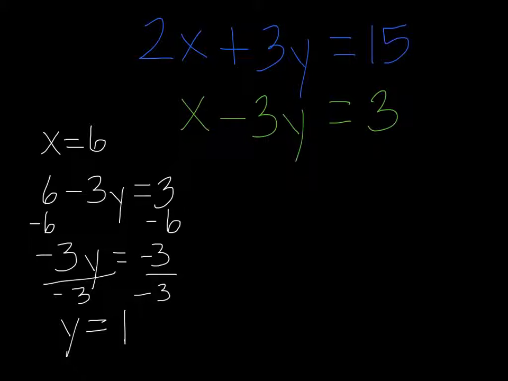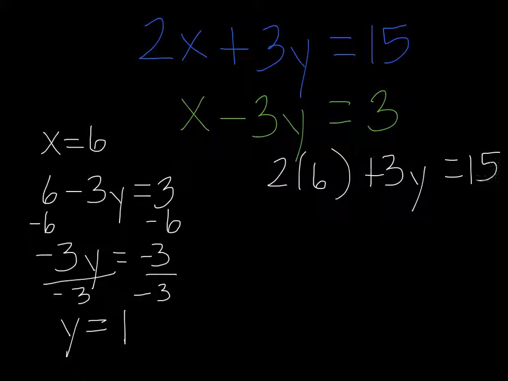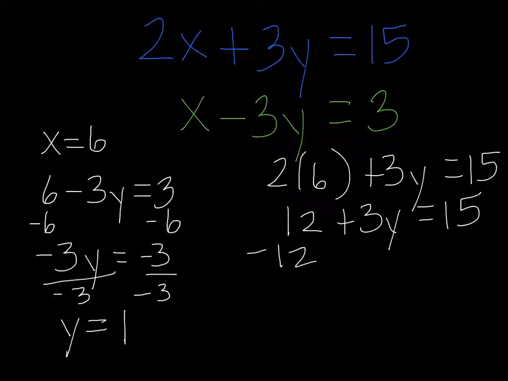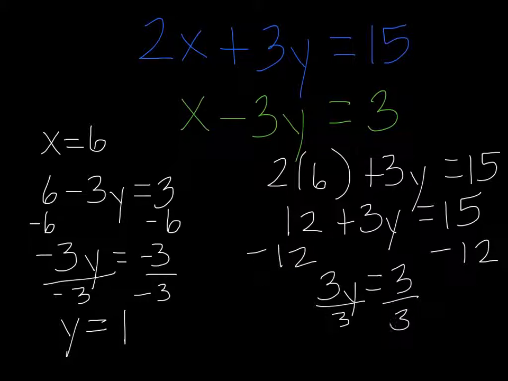And again, it doesn't matter which equation you use. I could have said 2 times 6 plus 3y equals 15, 12 plus 3y equals 15. So 3y equals 3, and y would still have had a value of 1.